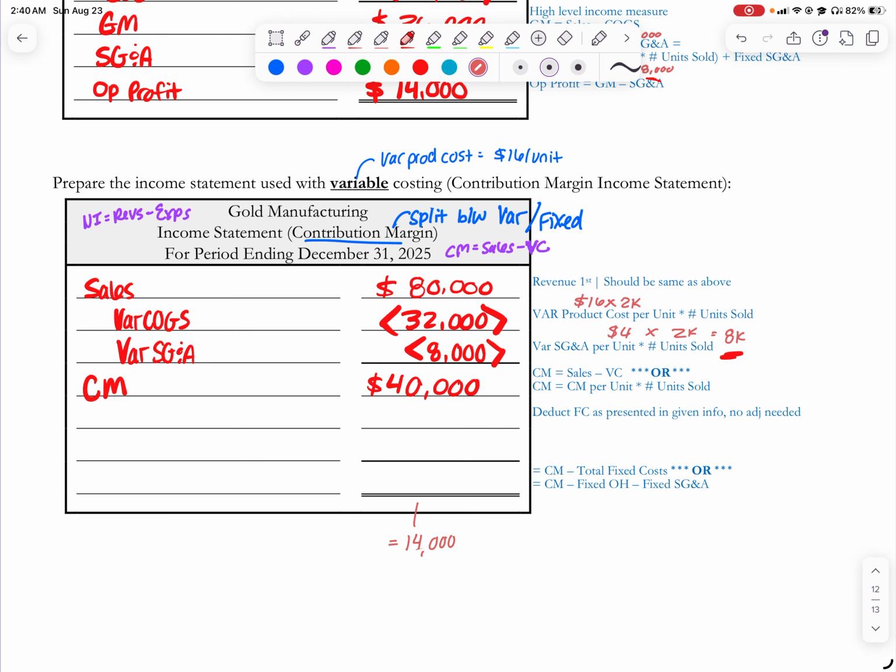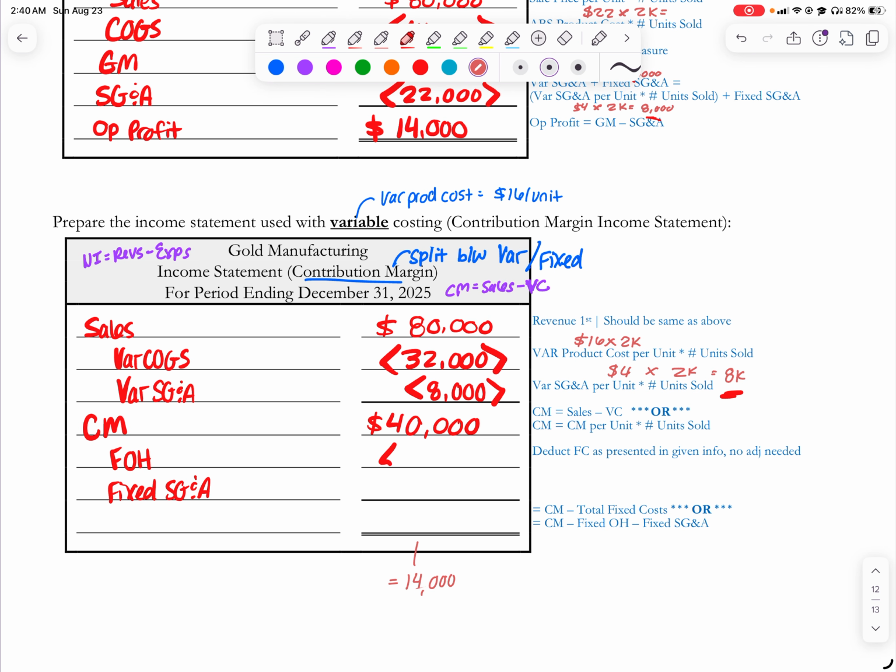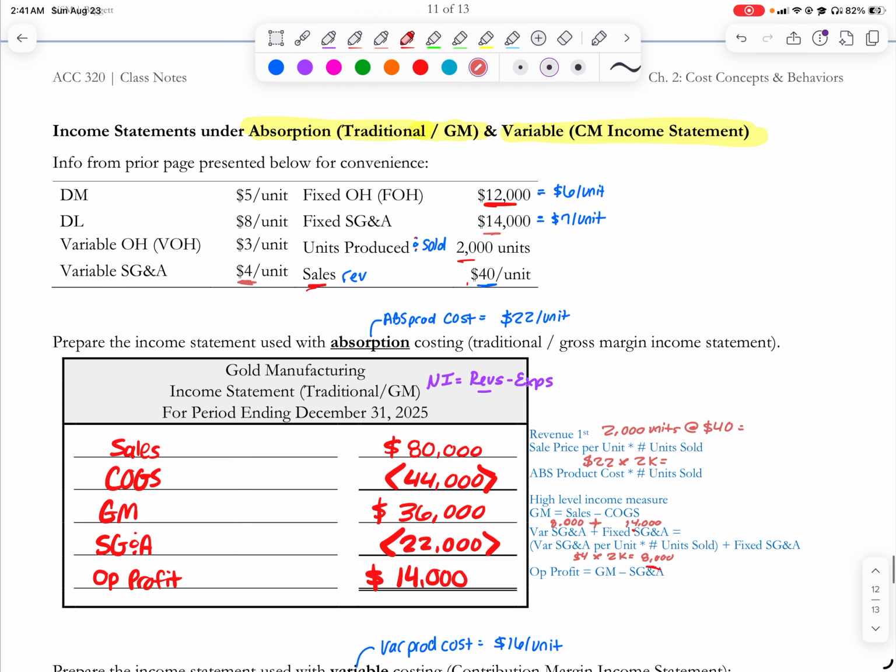Now the only other type of expenses I have are the fixed costs. So I have fixed overhead, fixed SG&A. These are simple. We treat fixed overhead like it's a period cost, which means you just bring the entire 12,000 down. It's all expensed as it's incurred. It doesn't ever filter through inventory, so just expense it as given.